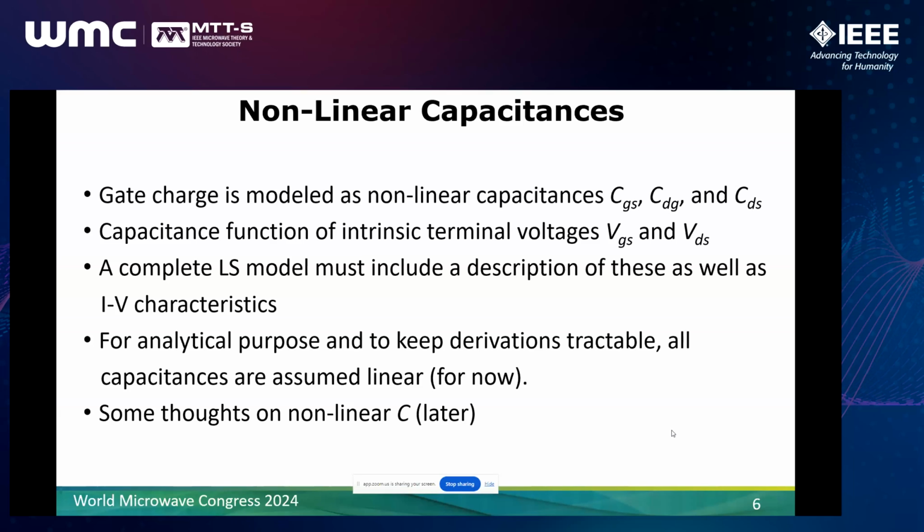And to account for them in a more complete manner, we would rely on a large signal model that has a full description of both those and the IV characteristics. But again, at an earlier point here, we want to keep things tractable. So at this point, we'll assume that all of the capacitances are linear and fixed. And then as we get toward the end of the presentation, I'll talk a little bit about some nonlinear effects in terms of the capacitances.